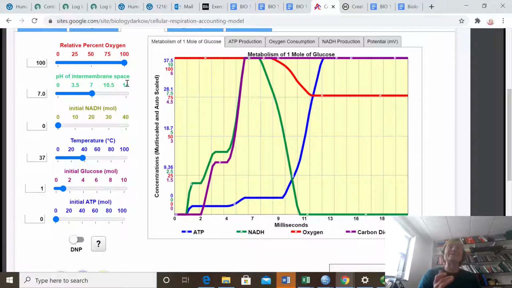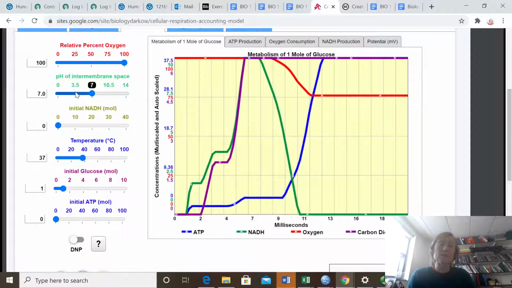If there's a proton gradient across the inner membrane of the mitochondrion, with a lower concentration of protons in the matrix than in the intermembrane space, then we can make a lot of ATP when protons move through ATP synthase.